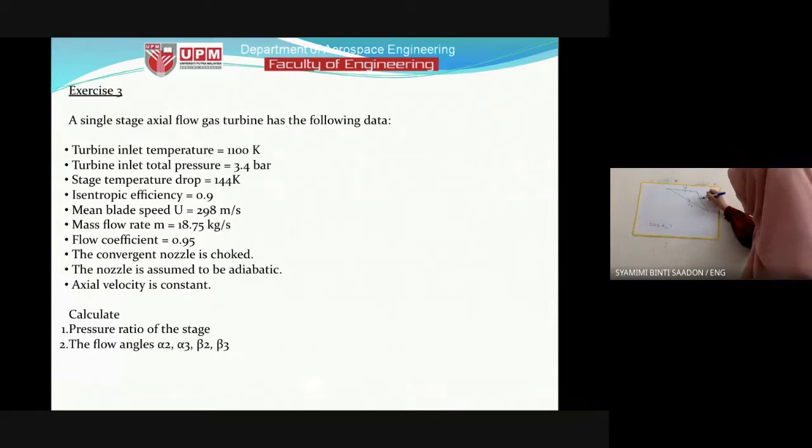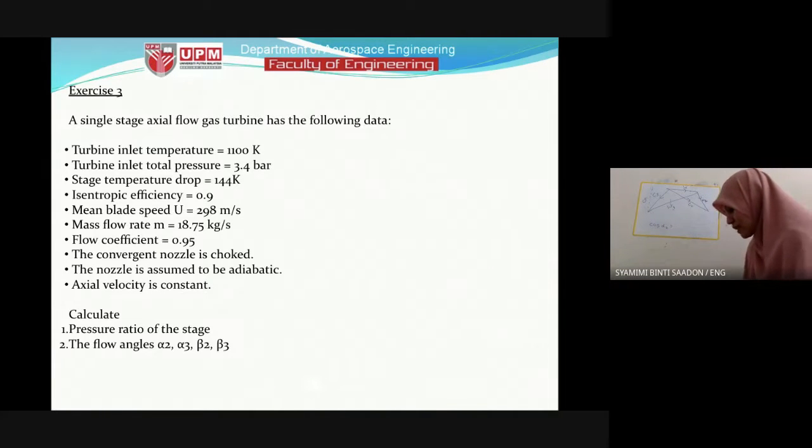This is W2, sorry, W2. Next part, the triangle, something like this. So this is W3 and this is C3. This part is the axial component of the absolute velocity.